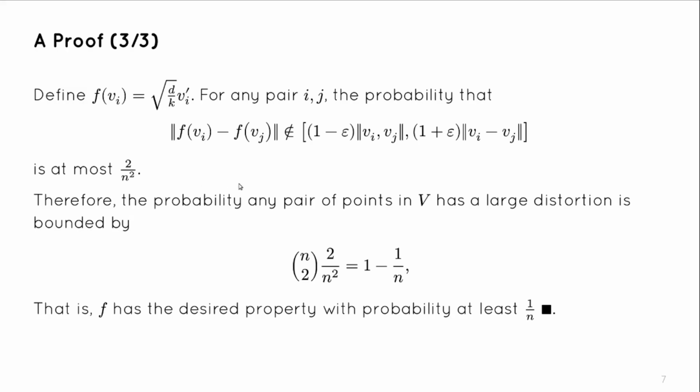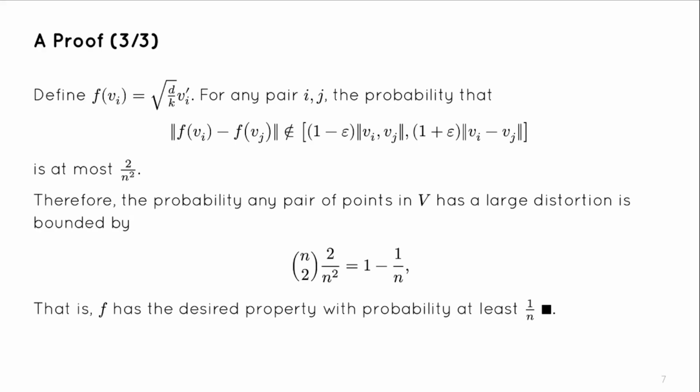And that means that for the probability that any pair of points in V, so we have to take any two points, the rough idea is that it's the probability of the union of this happening for all pairs of points, and so we can bound it by just the sum of all these probabilities. So we get n choose 2 times 2 over n squared, and this turns out to be at most 1 over n.